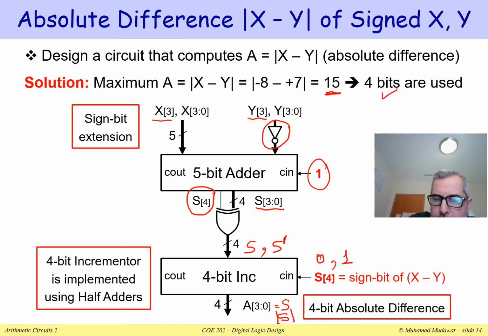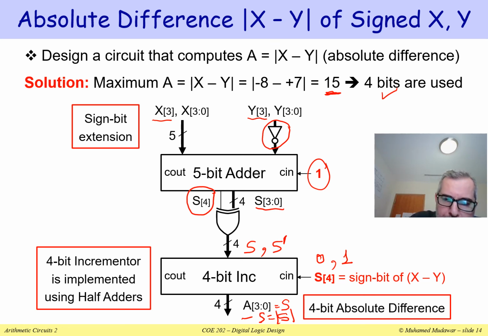So you get either S or minus S, which is equal to the absolute value of S. If S is positive, you get S. If S is negative, you get the negative of S to convert it to positive, and this is the absolute value. To calculate the negative, I have to invert S and then add 1. This will be the 2's complement of S.